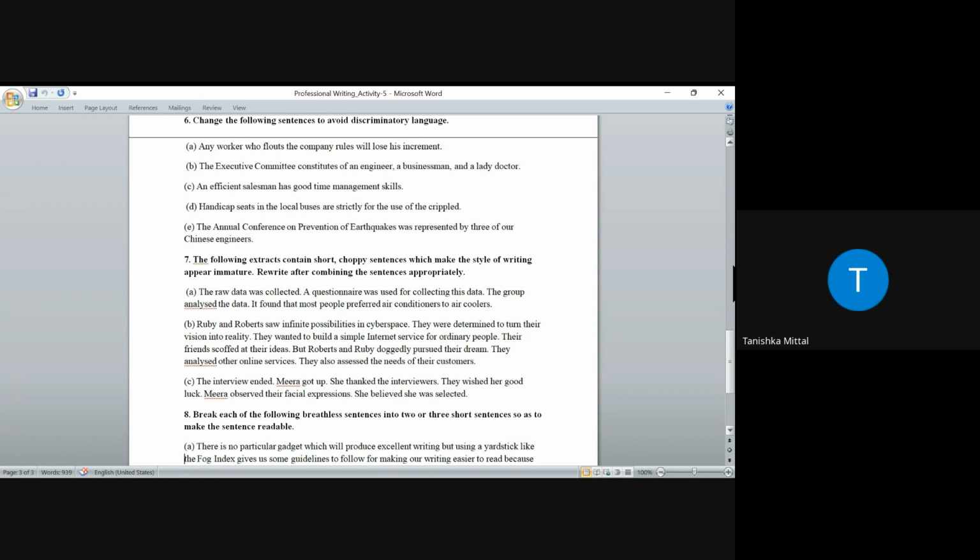The raw data was collected by questionnaire. Combine the first two sentences. You can combine these two sentences, correct. So what would you get then? The raw data was collected using a questionnaire, or through a questionnaire.